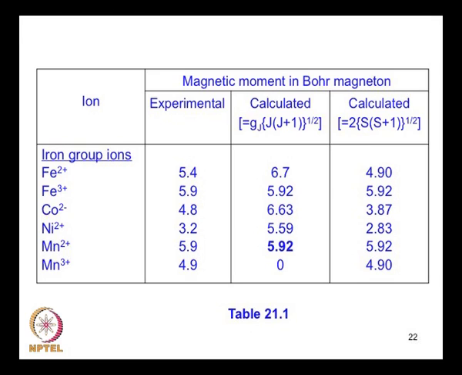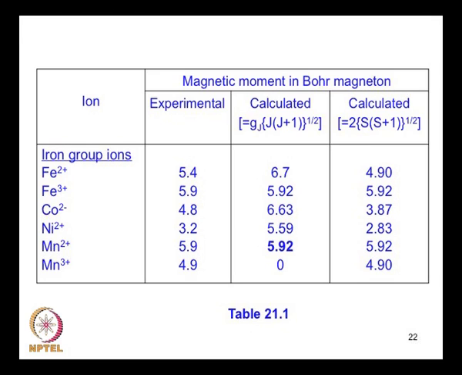If we went to the table which showed the calculated and experimental values of the magnetic moments of the rare earth and iron group ions, we will see in this table that, for example, if we consider an ion like Mn3 plus, the experimental value of the magnetic moment is 4.9 Bohr magneton, whereas the value calculated from assuming that the total angular momentum is j is exactly 0.